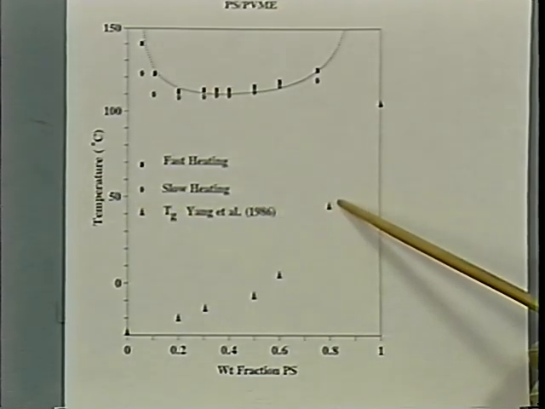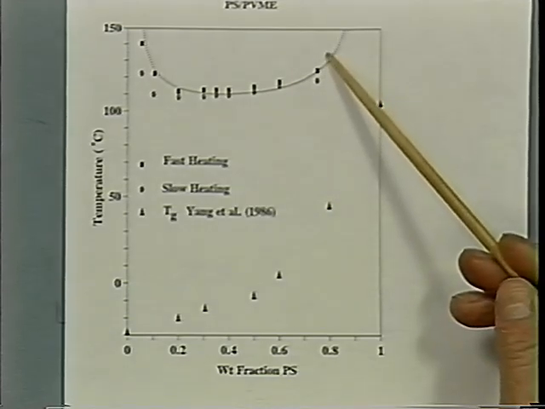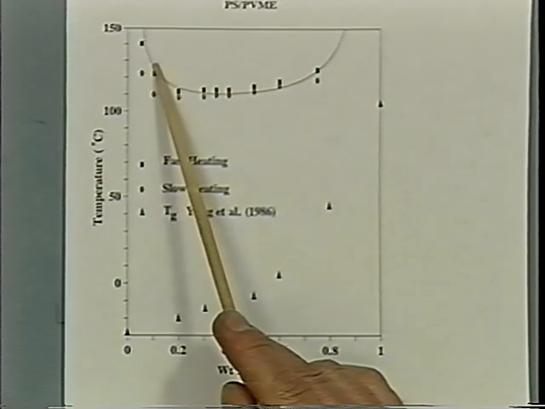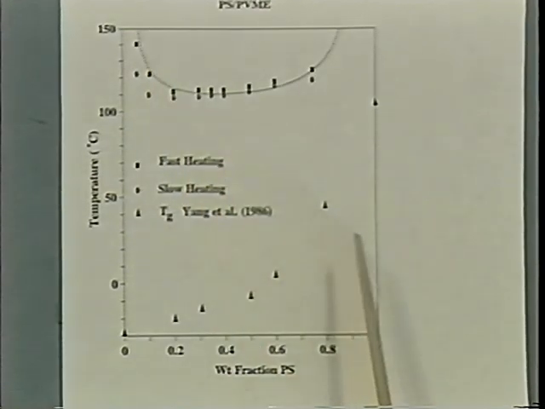So after phase separation, one component will be very stiff in its behavior, and the other component will be rich in polyvinyl methyl ether, will be very mobile. So the rheology is very asymmetric in this case.